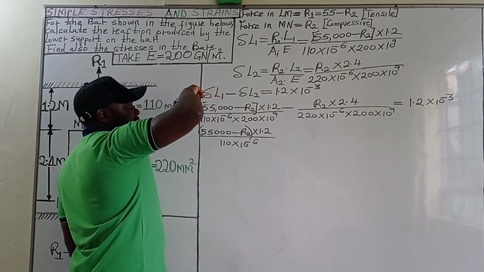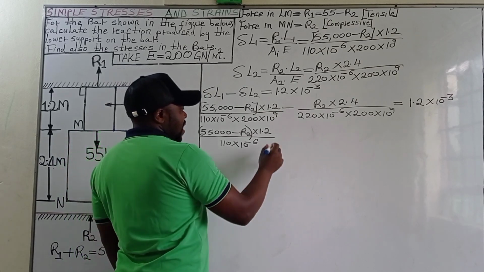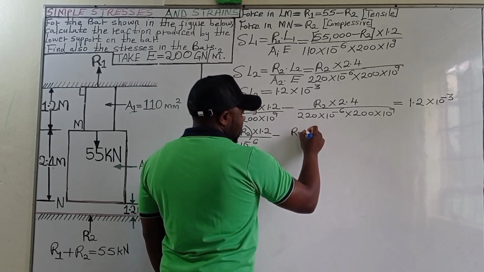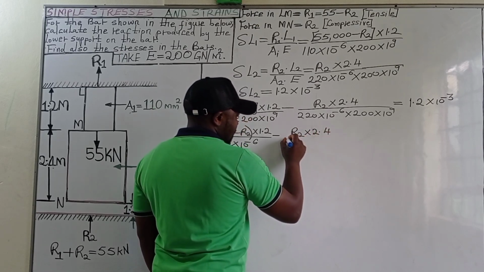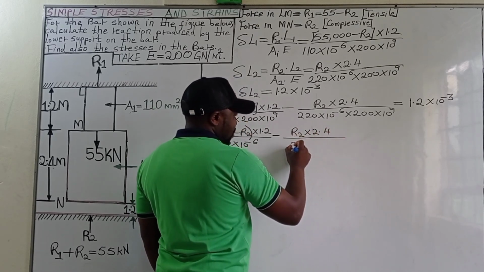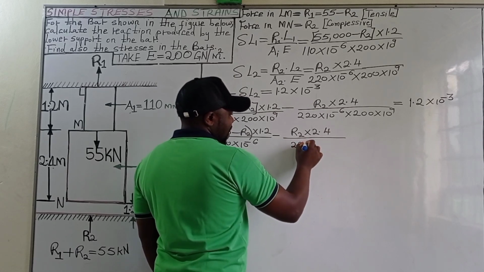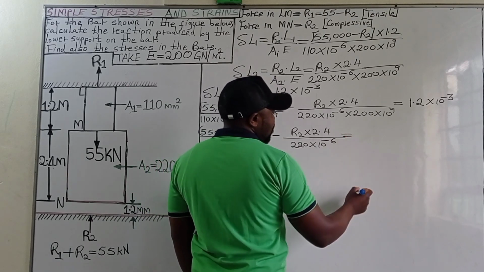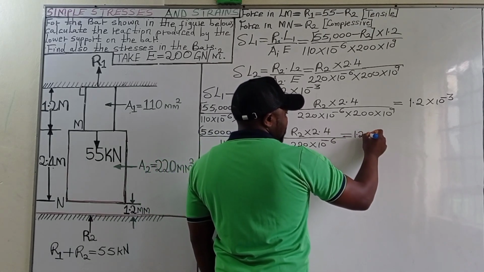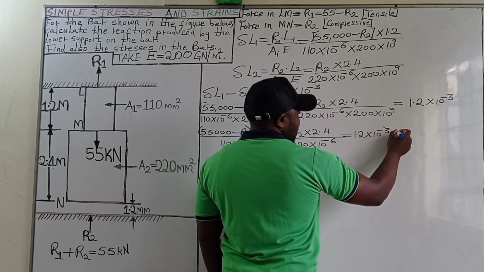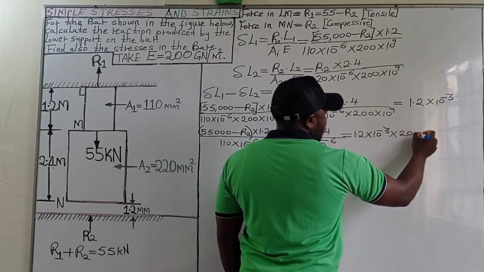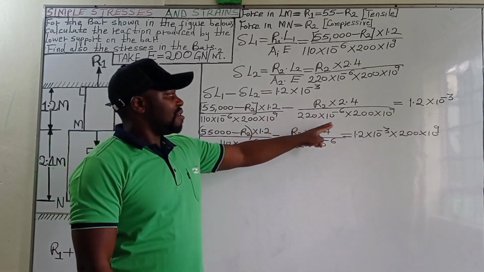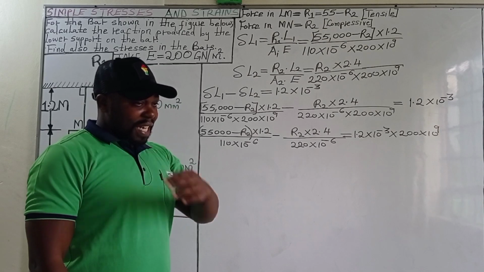This one will cancel with what we have multiplied there, minus R2 times 2.4, divided by 220 times 10 raised to the power of negative 6, is equal to 1.2 times 10 raised to the power of negative 3 times 200 times 10 raised to the power of 9. So we have removed the Young's modulus of elasticity from the denominators.